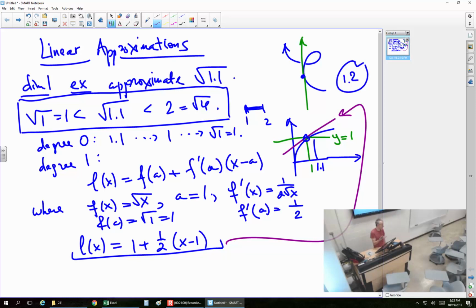We are not trying to find the tangent line at 1.1, because we don't know anything about that location. We pick a location we know everything about, where our computations can be carried out by hand or by an unsophisticated computer. Suppose we're planning to devise a computer that computes square roots.